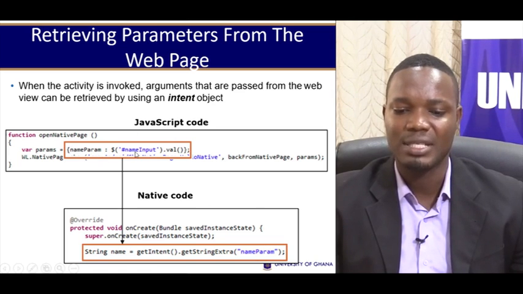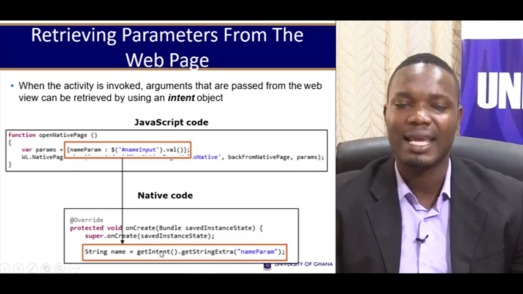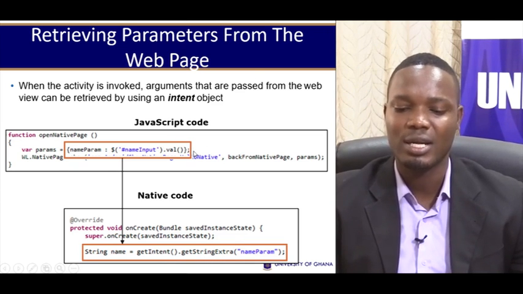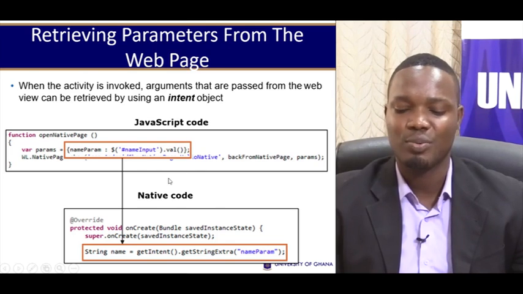This name parameter is being filled with some value from some input. Now that is stored here, and we are able to get that from our activity or our Java class by using the getIntent method. Now, if you've done some coding in Android, you should be familiar with this process.